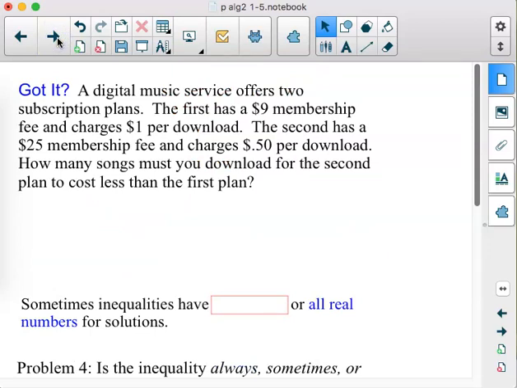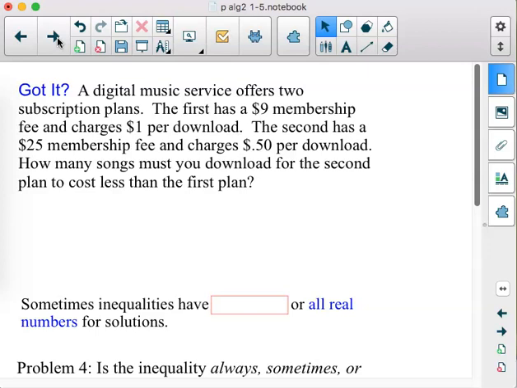Let's talk digital music. A digital music service offers 2 subscription plans. The first has a $9 membership fee and charges $1 per download. The second has a $25 membership fee and charges 50 cents per download. Ooh. How many songs must you download for the second plan to cost less than the first plan?